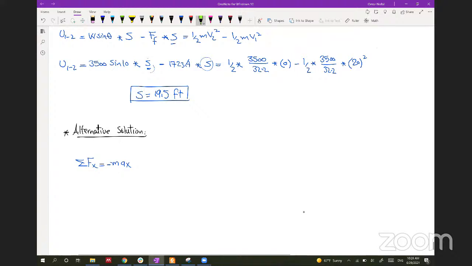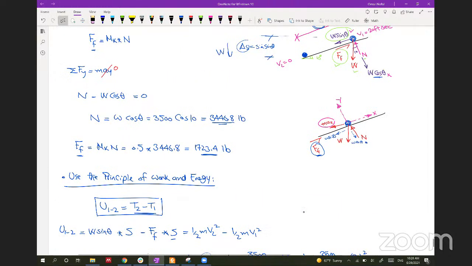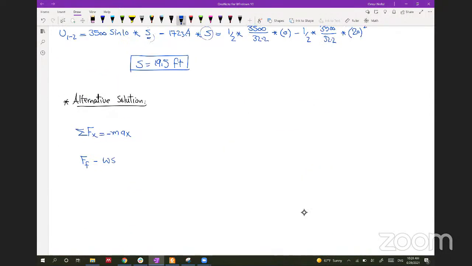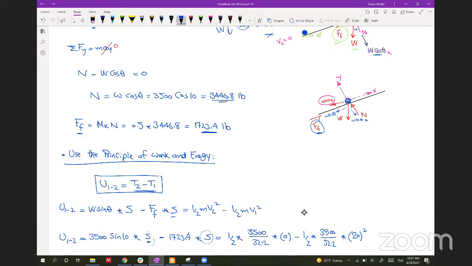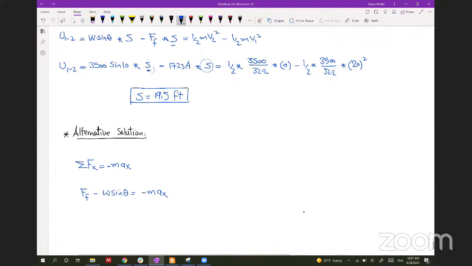So we have F of friction minus W sine theta will be equal to negative m Ax, because we assumed it in the negative x direction, and the F of friction is in the positive x direction, and the W sine theta is in the negative x direction. So you will have to be very careful about the signs of the forces.